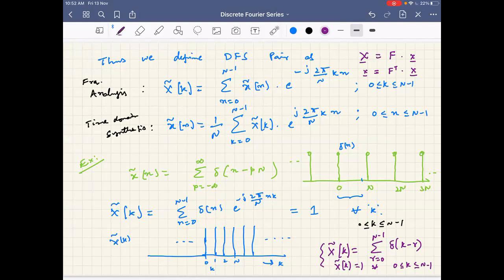If you bring in 0, 1, 2, 3, 4 in k here and in n here, this whole thing is a basis function, the discrete complex exponentials. Similarly, this is now in time domain 0, 1, 2, 3, 4 in n. Here it is k equal to 0 to n minus 1. So this F is an n cross n matrix. F transpose is also an n cross n matrix.